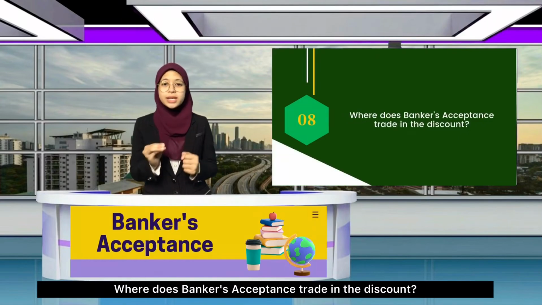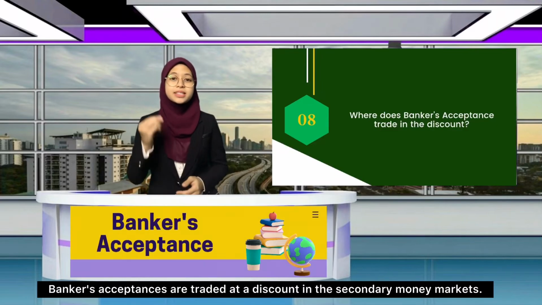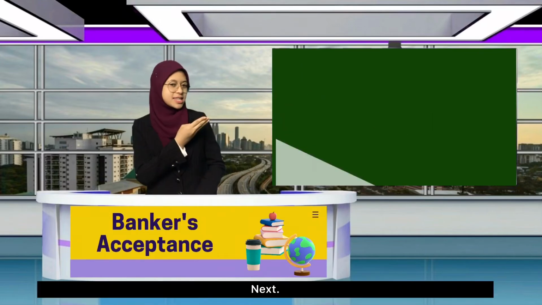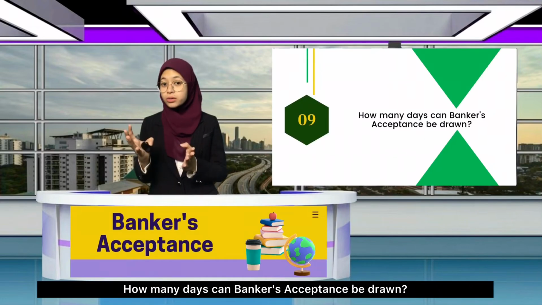Next, where does banker's acceptance trade at a discount? Bankers' acceptances are traded at a discount in the secondary money market. Next, how many days can bankers' acceptance be drawn?